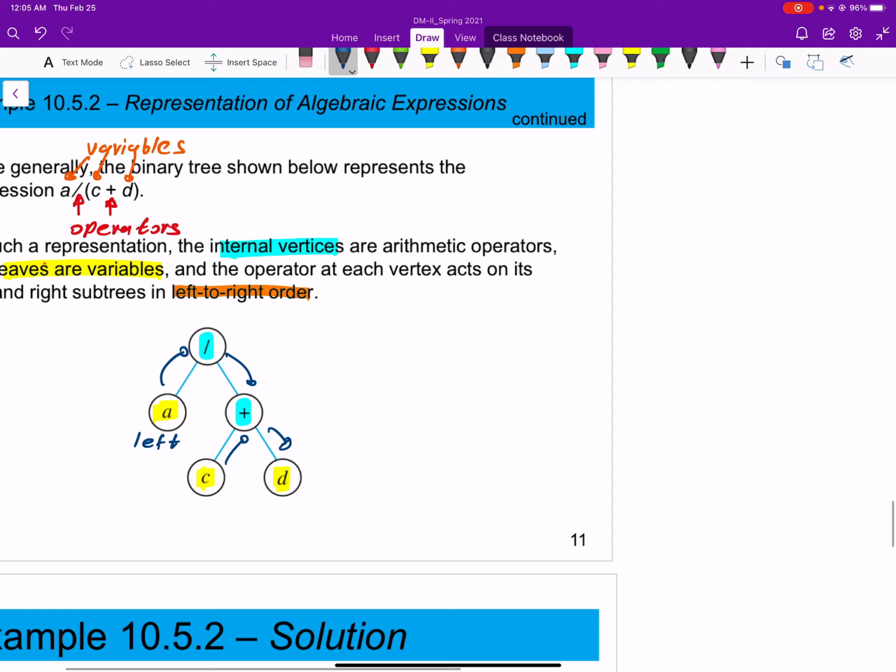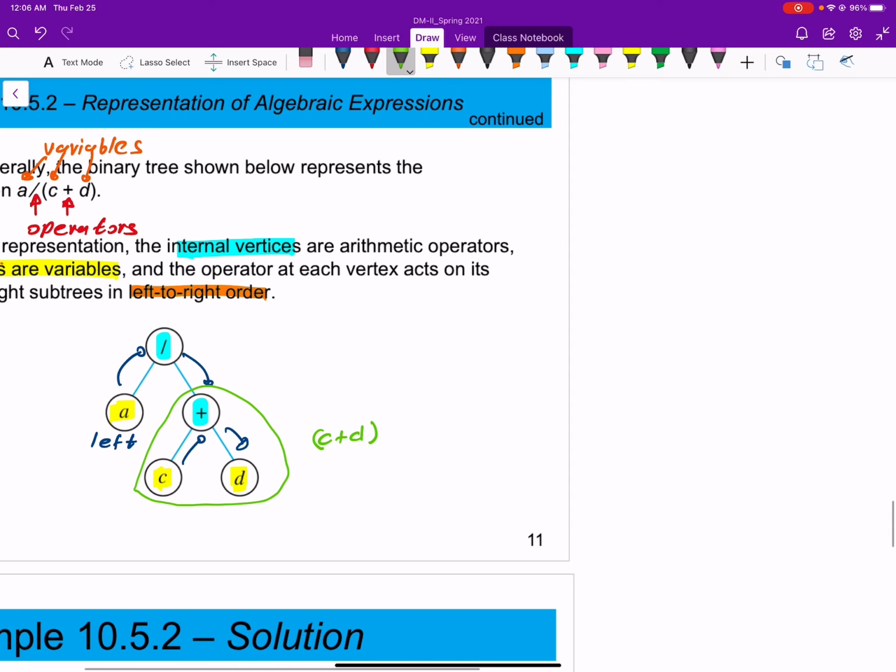This is the way you write this. First of all, you have to start from the bottom of the tree. So this is the bottom. Just write that one. This is c plus d. And then you just combine this green part to the rest.